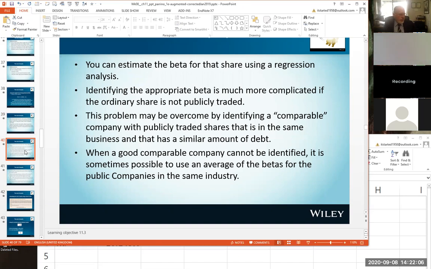If you're doing this in practice, you can use all sorts of complicated methods to work out the beta. And here it's suggesting using regression analysis. We're not going to be going into that particular tool.